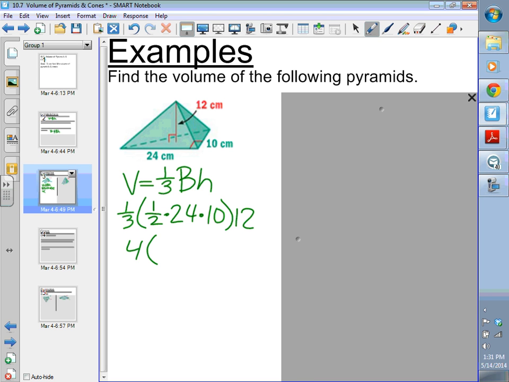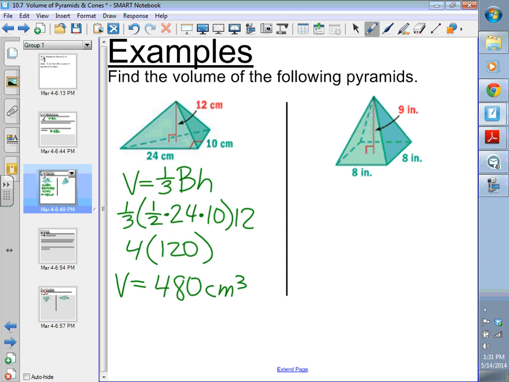Well, 24 times 10 is 240, and half of that is 120. And we multiply 4 times 120, and we get 480, and it's centimeters cubed for volume.